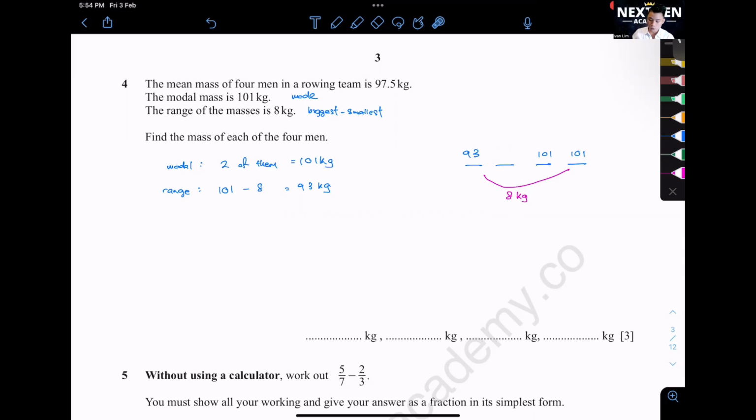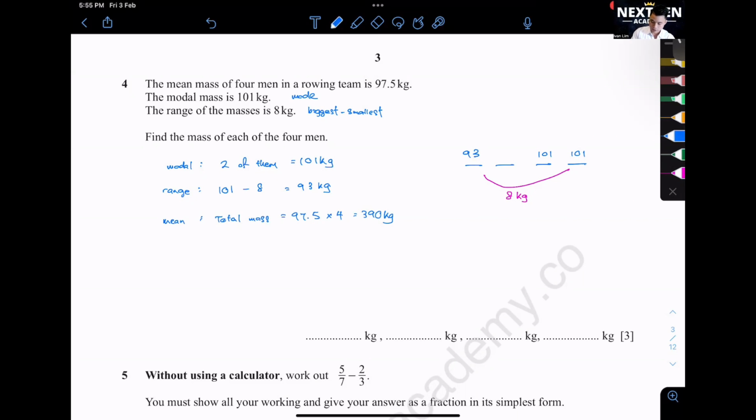So we will do it the other way around, finding the total mass first with the mean. The mean given to us is 97.5. We find the total mass, which is 97.5 times 4, not 4 kg. You will get 390 kg. The total mass added up all together will be 390.